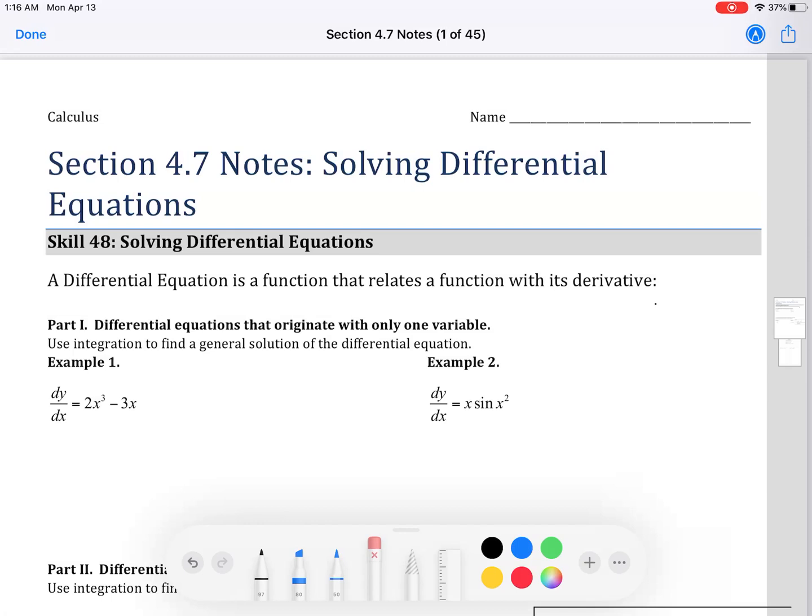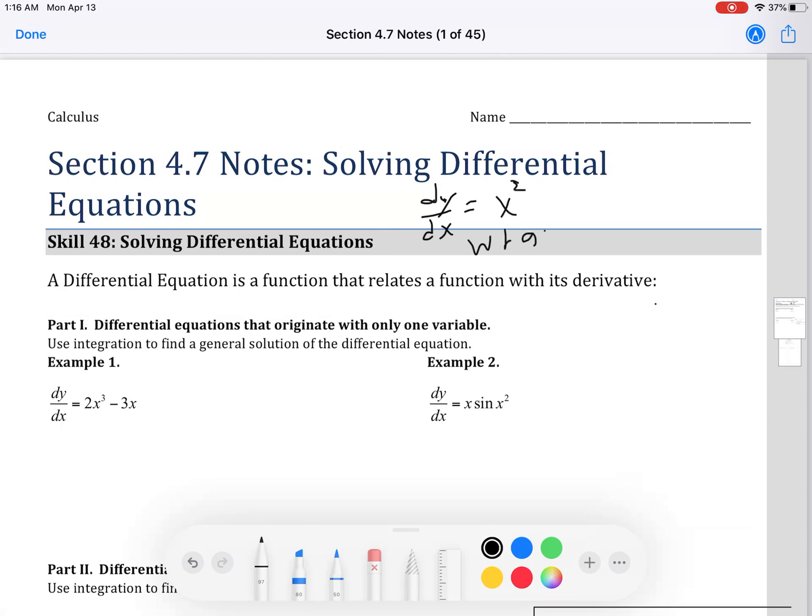So I actually want to start by defining what a differential equation is with a very basic example, even more basic than what's on your notes. When I introduced integration, I gave you a problem where I said, dy/dx is equal to x squared.